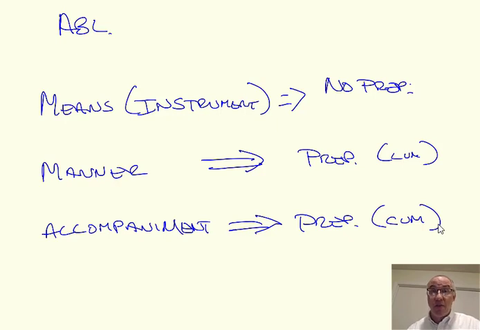I'm just saying if you're trying to figure things out, go that way. If it's with people, then that's probably going to be accompaniment. And so you have to learn the forms and the names so that you can narrow down, because if you can identify it, you can translate it, is the overall thought. So, work with chapter 14. Let me know if you have questions.